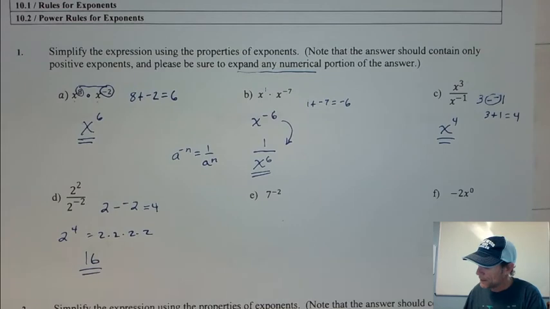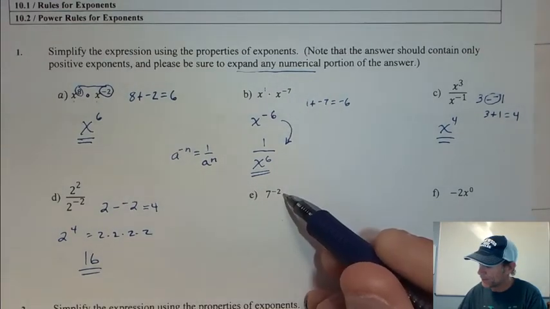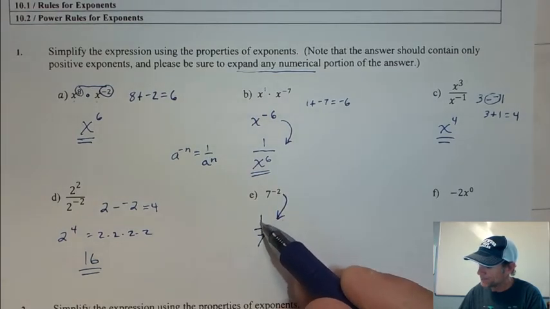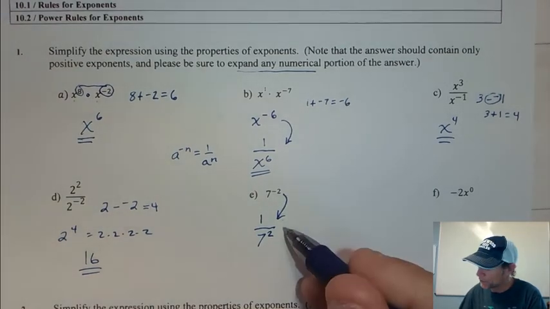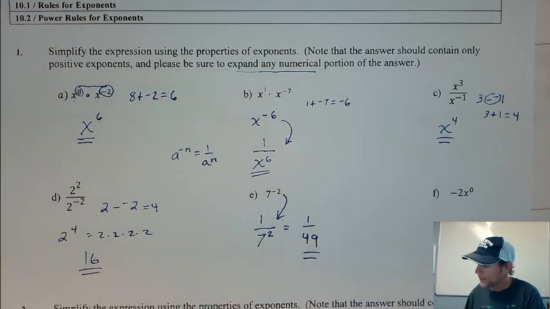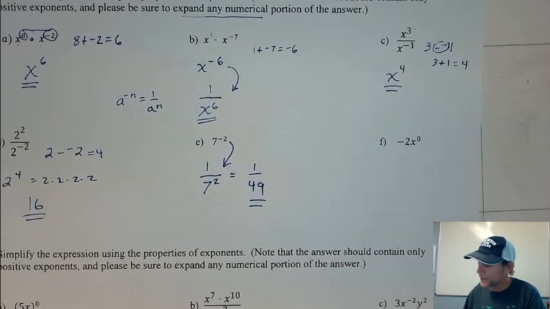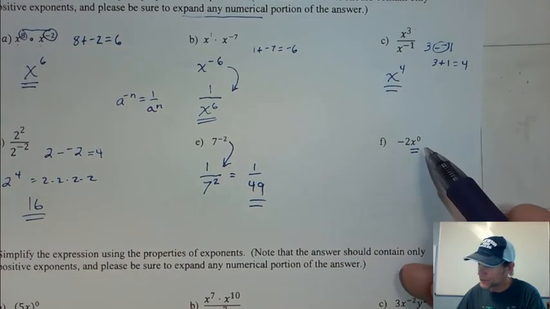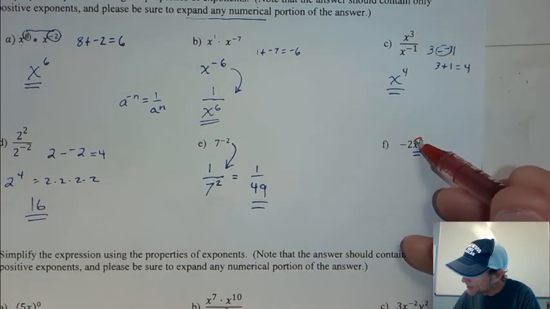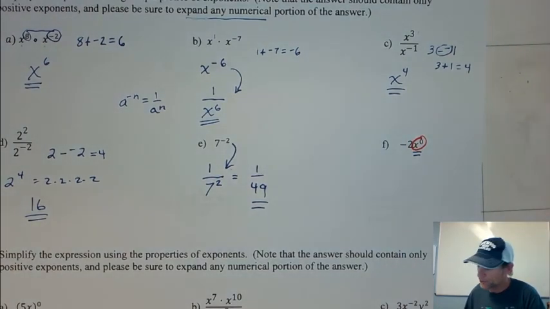Next up, we just have a straight negative exponent problem, and we're going to push this to the bottom of a fraction. But we want to expand the numerical portion, and we get 1/49. And then this last one here gives us a review of the zero power, and something to the 0 power is 1. You have to really focus that this is the only piece that's raised to the 0 power.